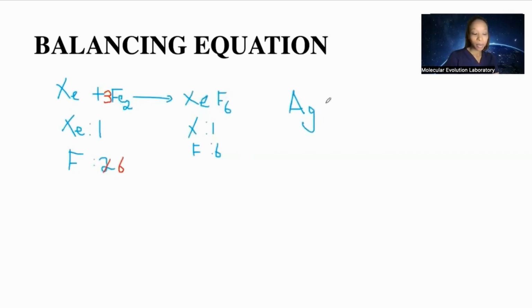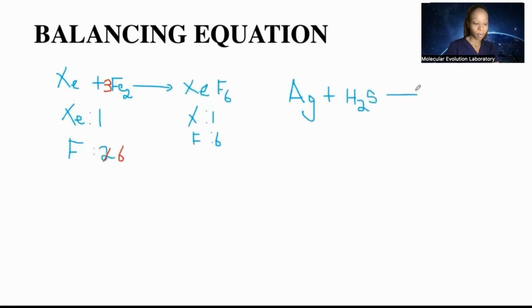Here's another example. We have silver plus hydrogen sulfide. That gives you this product, Ag2S plus H2. On this side, we have 1 silver. On the side of the product, we have 2.